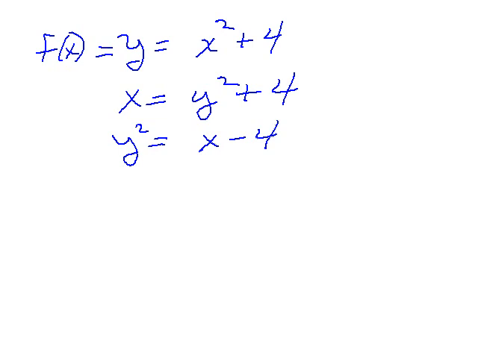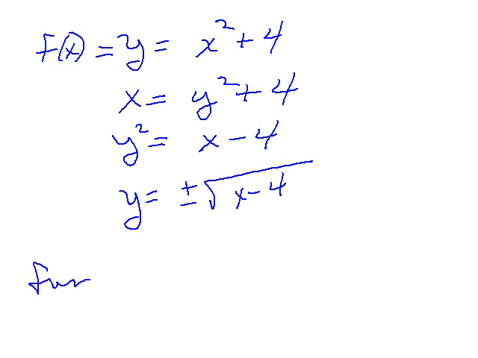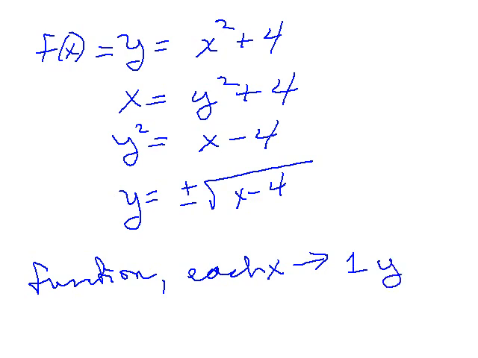And now y still isn't isolated. I have to take the square root. But remember, when you take a square root, you end up with both a plus and a minus. The rule for a function is that each x leads to only one y. But in this case, you could put a value of x in here.